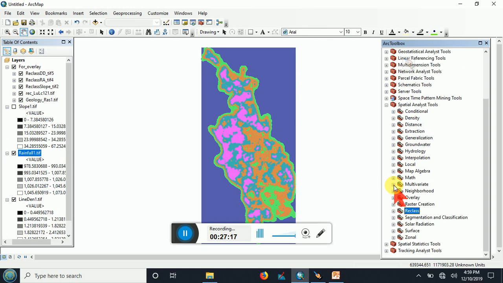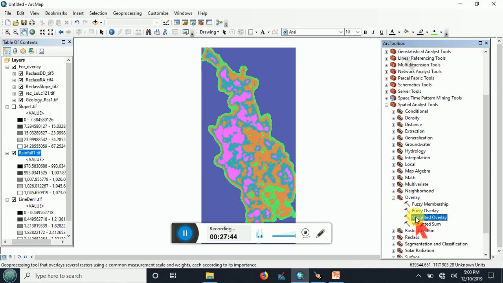The overlay analysis can be easily located inside the spatial analysis tool. Inside the spatial analysis tool, you can easily locate overlay here. Please expand this overlay, and what we need is a weighted overlay.